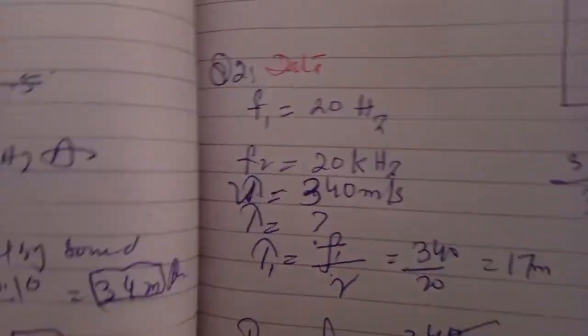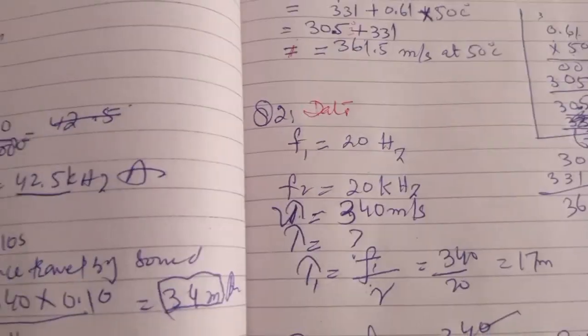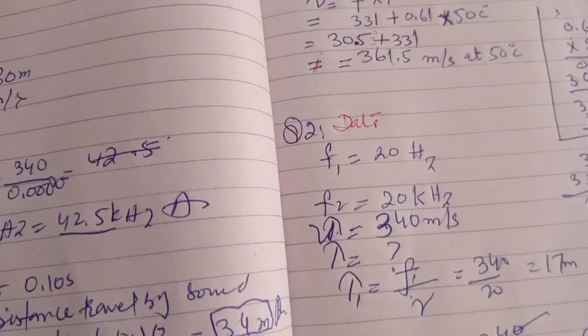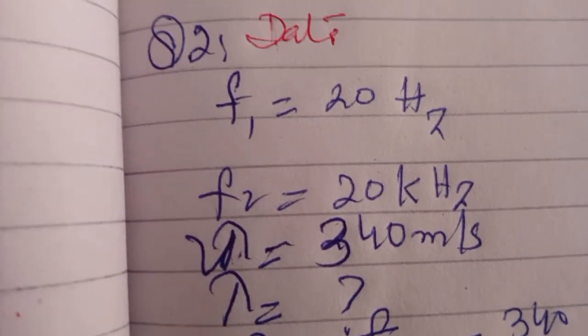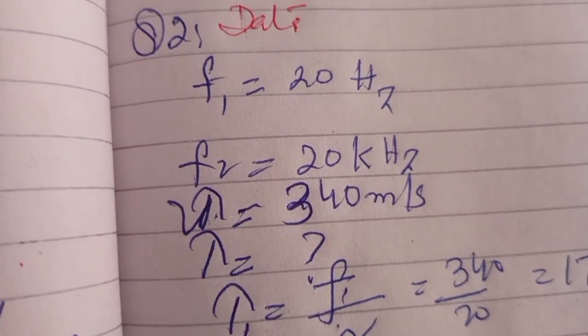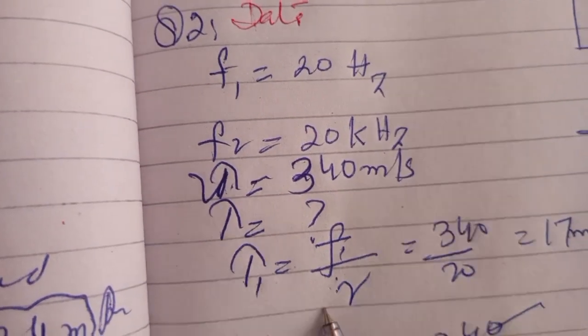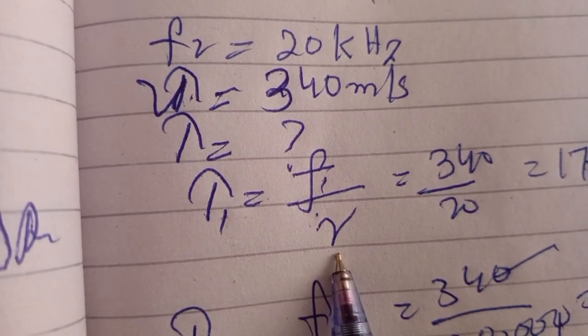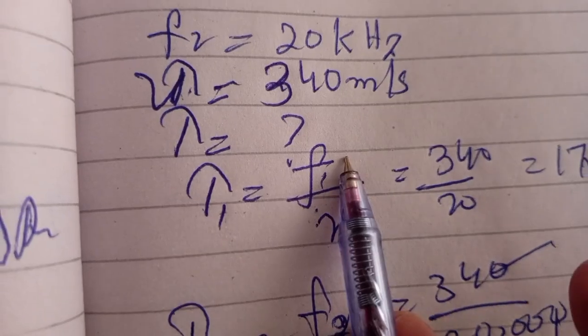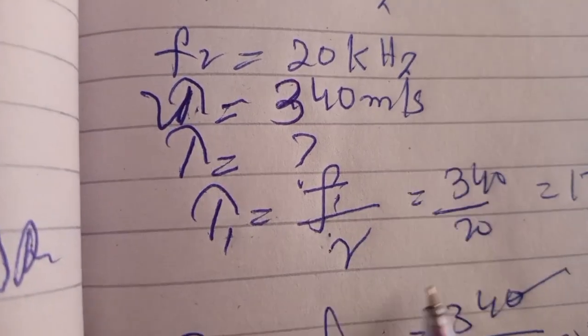How will we calculate the wavelength for frequency 1? I will apply the formula here. Lambda 1 equals v upon f1, where f is the frequency and v is the speed of the sound.